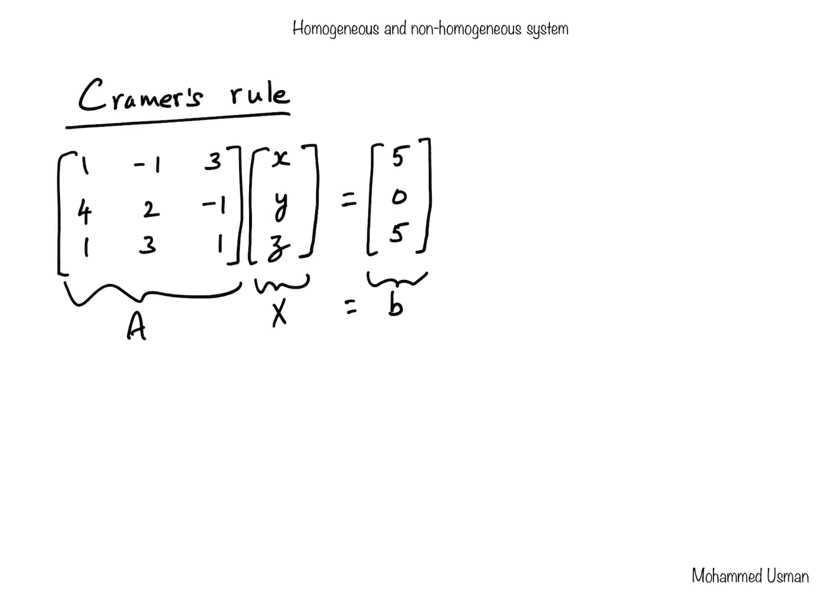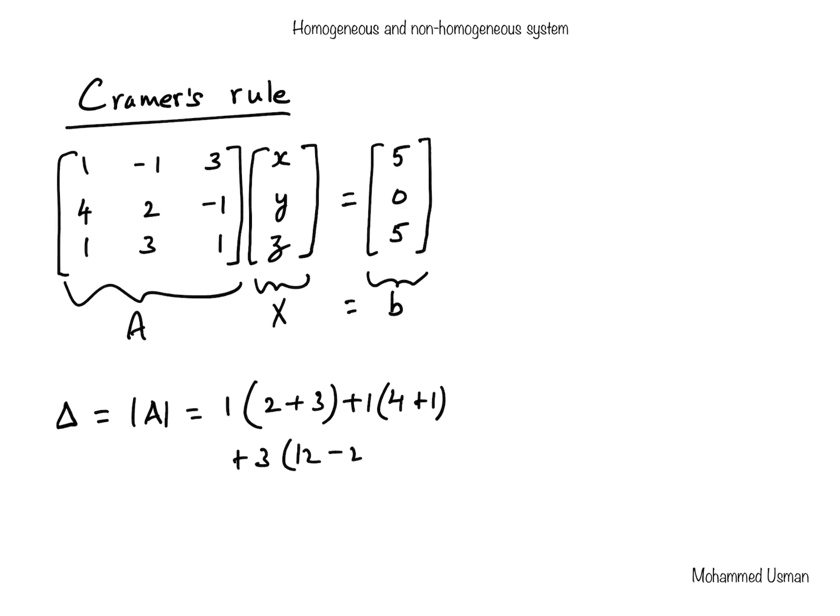The first step is to find delta, which is nothing but the determinant of A, which we've calculated earlier in the previous session as well. Let me quickly write that. So that would be 1 into 2 plus 3, minus of minus 1 will become plus 1 into 4 plus 1, plus 3 into 12 minus 2.